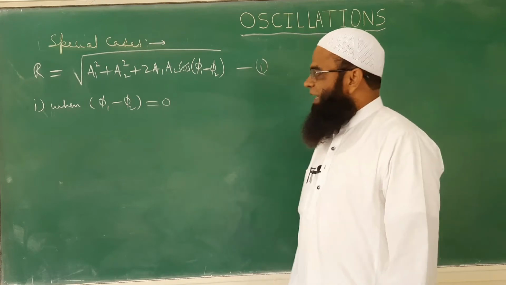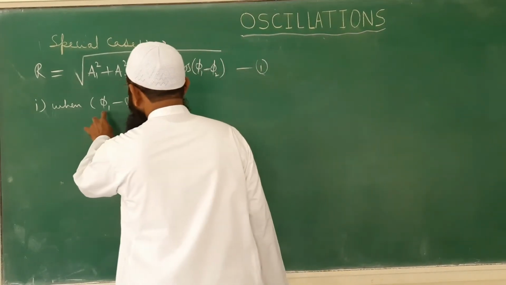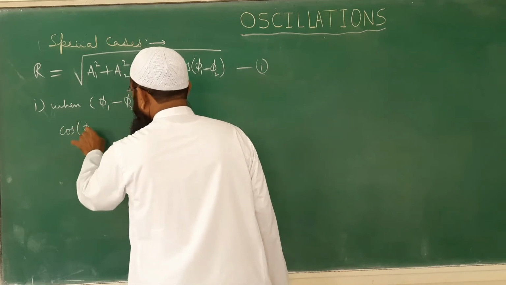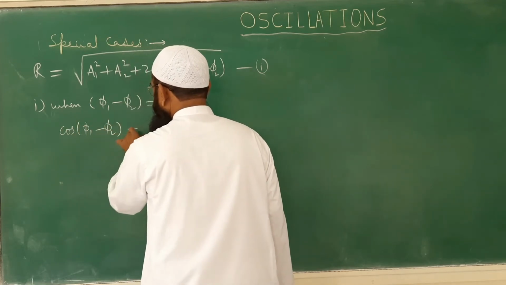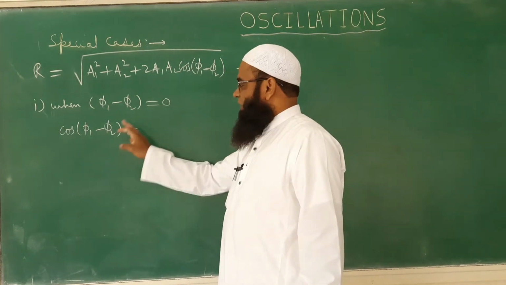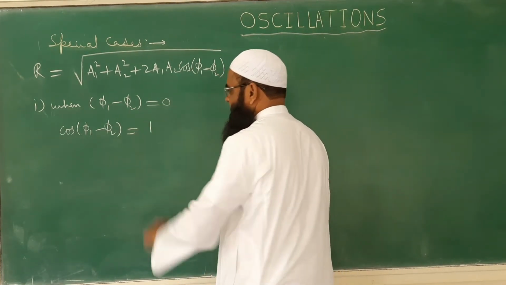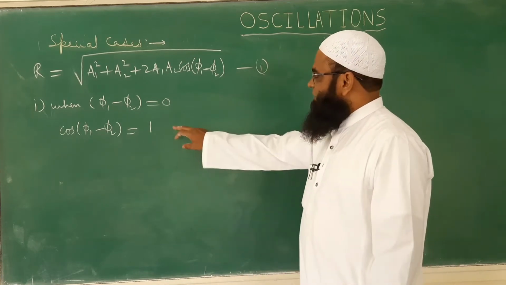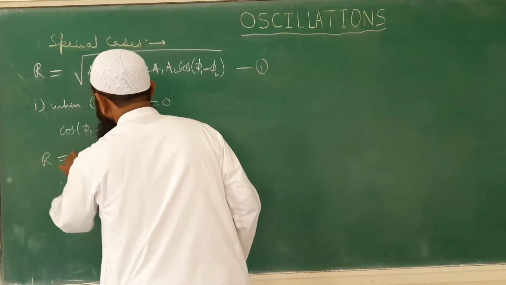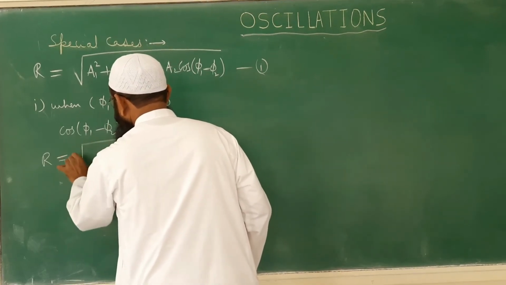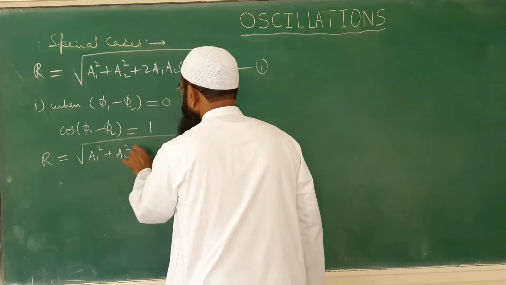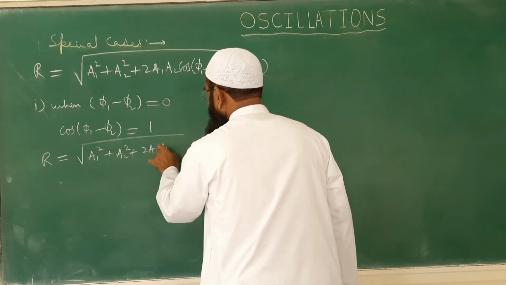So what should be the amplitude? As we know, phi 1 minus phi 2 is 0, so cos of phi 1 minus phi 2 will be cos 0, which is equal to 1. If you substitute this value in equation number 1, then you will get r is equal to square root of a1 square plus a2 square plus 2 a1 a2.